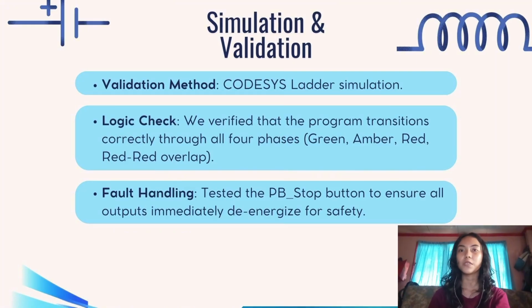The overlap is important because it ensures there is no moment when both lanes are unclear or unsafe. We also tested fault handling by pressing the stop button. When this button is pressed, all outputs immediately turn off. This confirms that the system responds quickly during emergencies and prioritizes safety.